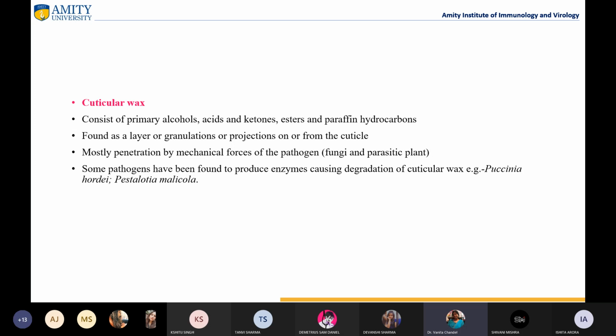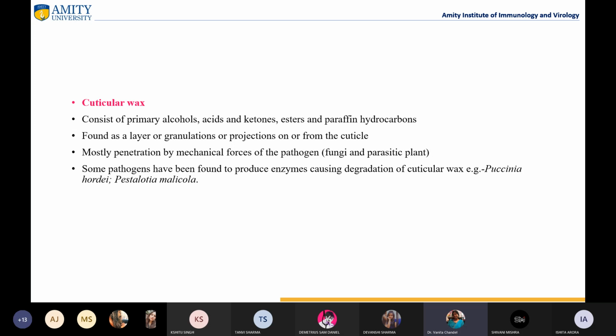Then cuticular wax. We know in some plants there is a waxy layer also outside the cuticle, right? So they consist of alcohols or ketones or esters or certain hydrocarbons, right? These are found as a layer or projections from the cuticle. Above the cuticle, we see a single layer, right?